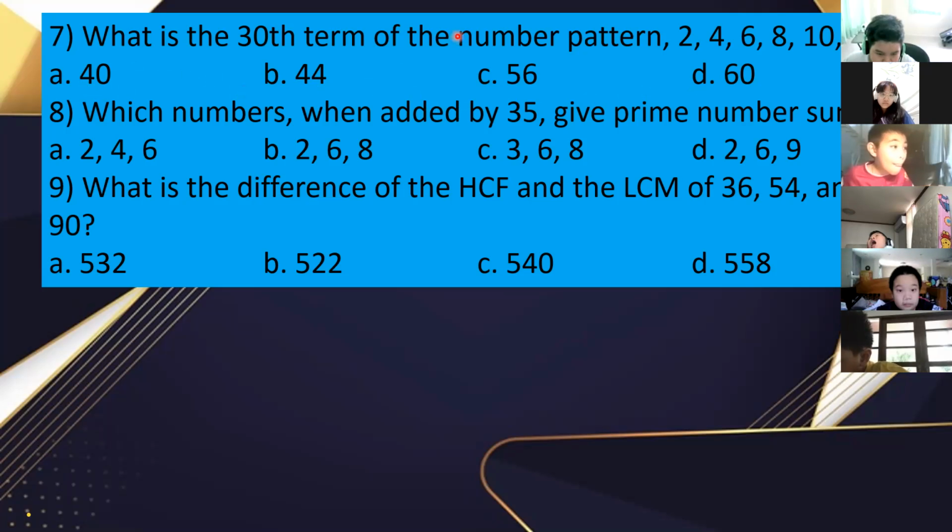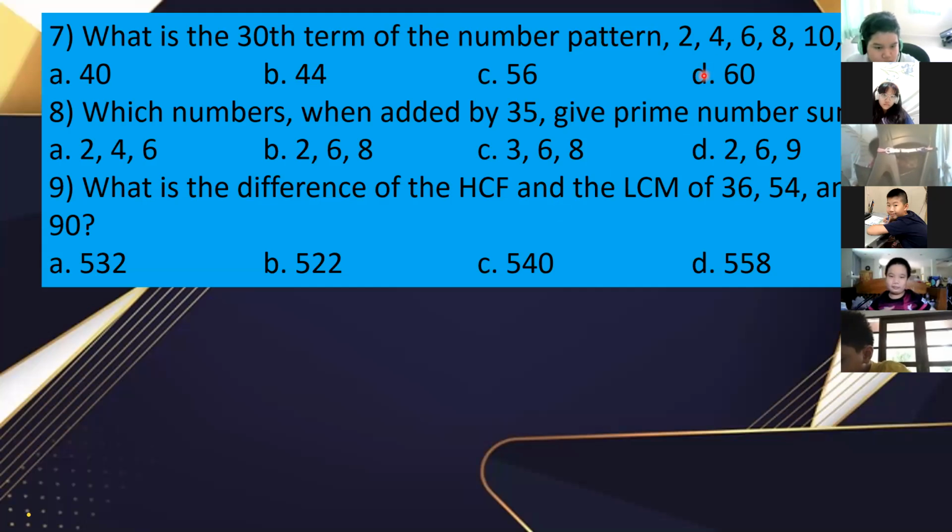Are you sure? Teacher, so what is the answer? I answer, teacher. What is the answer? 60, number D. I think letter D, teacher. I think my first answer wrong. Okay, 60. Okay. Number 8.